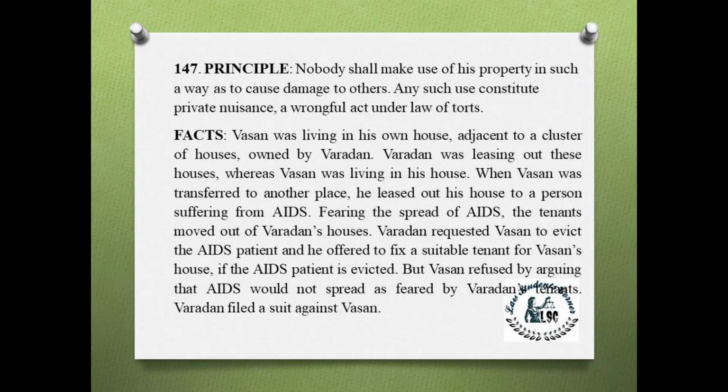When Vasan was transferred to another place, he leased out his house to a person suffering from AIDS. Fearing the spread of AIDS, the tenants moved out of Varadan's house. Varadan requested Vasan to evict the AIDS patient, and he offered to fix a suitable tenant for Vasan's house if the AIDS patient is evicted. But Vasan refused, arguing that AIDS would not spread as feared by Varadan's tenants. Varadan filed a suit against Vasan.